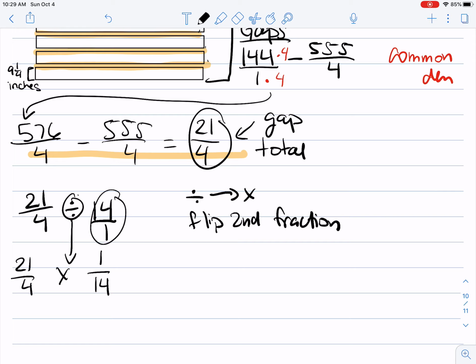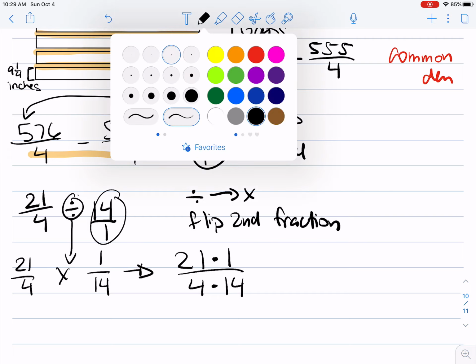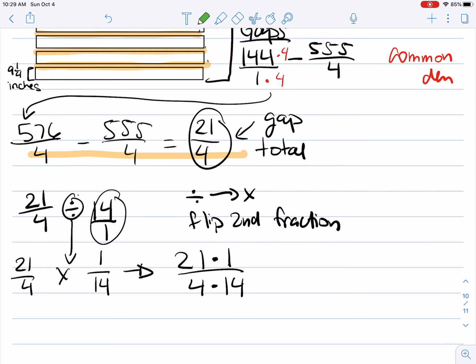Okay, so this turns into 21 times 1 over 4 times 14. And if we wanted to simplify this before we did the multiplication, we could divide. I see that I can divide this by 7, and I can also divide this by 7.